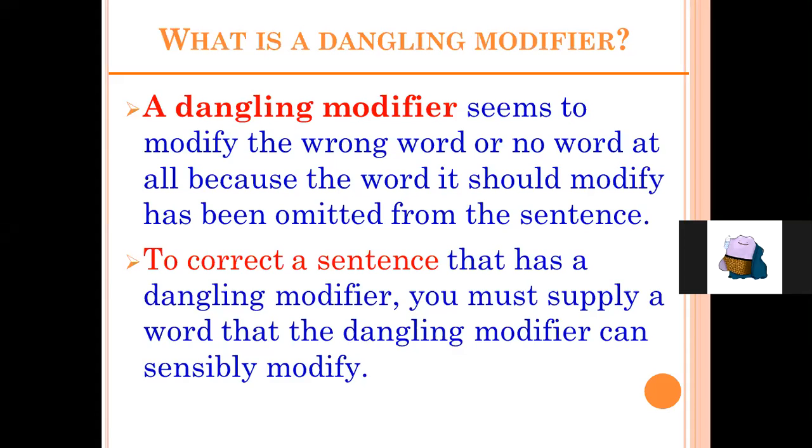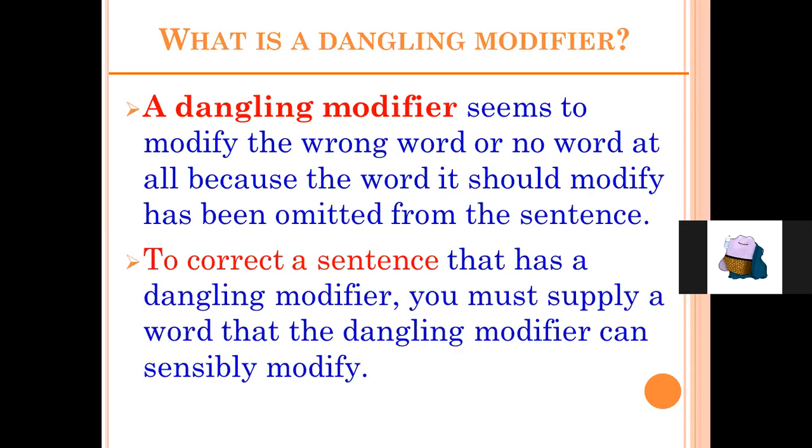You just put one word or a few words in order to allow your modifier to modify. Because when your modifier stands and has no word to modify, it is a wrong sentence. And your sentence has a dangling modifier because you have the modifier, but no word that your modifier can modify.